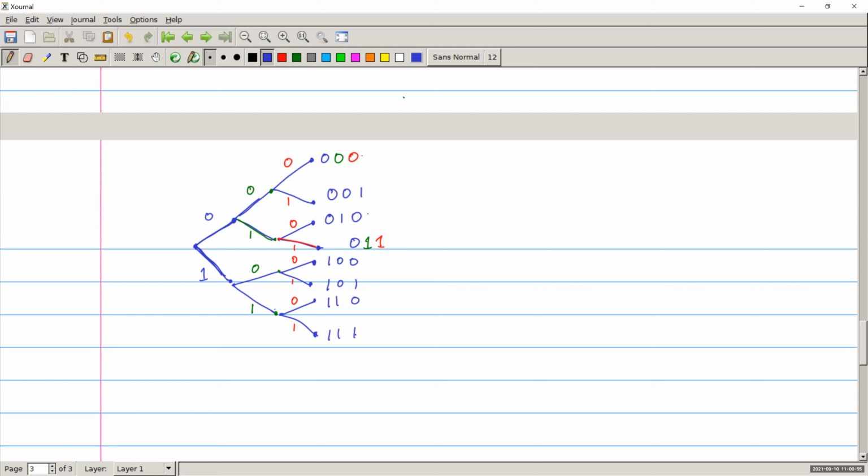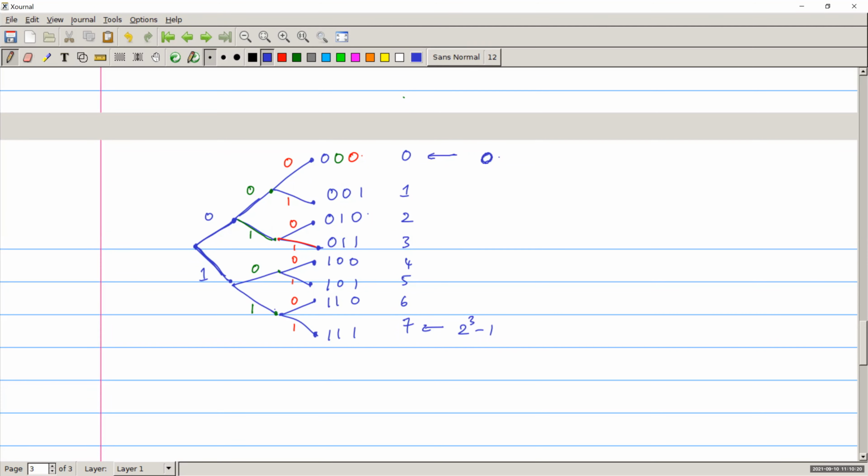You can also think of this if you write numbers in binary. If you write numbers in binary, what are these numbers? This is 0, 1, 2, 3, 4, 5, 6 and 7. Why do we get 7? This is 2 to the 3 minus 1, and this is 0.